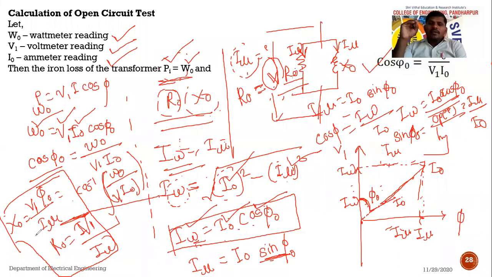We want to perform this experiment also. We want to conduct that test also. After conducting the test, there is no need to explain the calculation part again. I think all of you understood. That means at the time of the practical, you will easily be able to answer, right? We will conduct this practical in the next practical session. That means you will better understand the concept related to OC and SC.